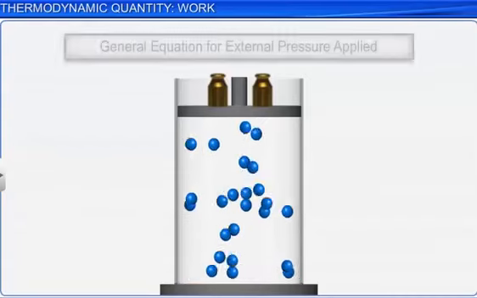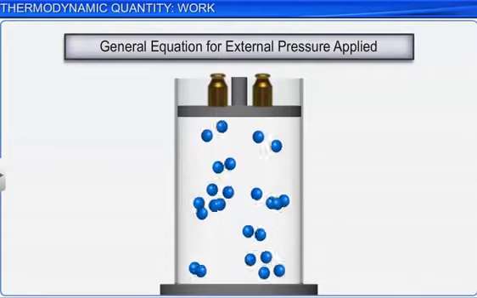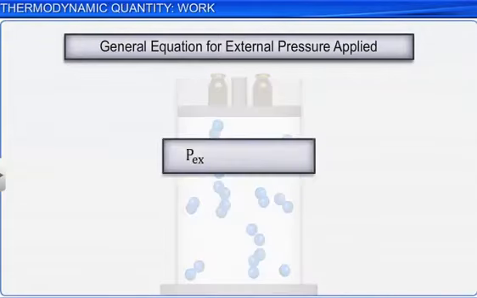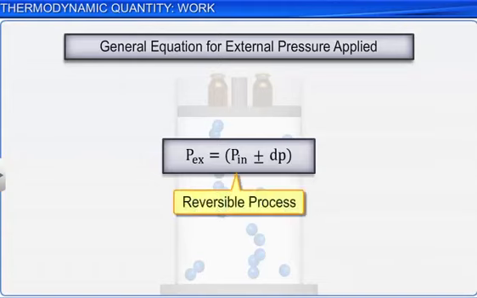Therefore, the external pressure applied on a system is expressed as external pressure equals internal pressure plus or minus the infinitesimal change in the pressure of the system. This is known as a reversible process.